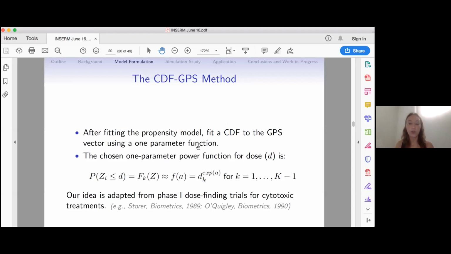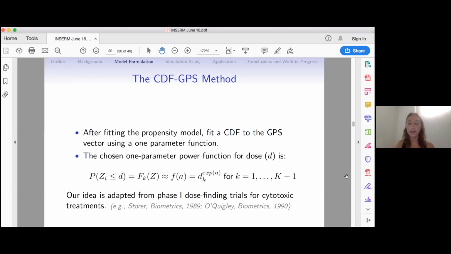The chosen one parameter function is a power function, and for dose D is given here, so that the CDF is simply modeled right here as the dose x to the exponent of A. This is a power function adapted from phase 1 dose finding trials. This has been used in other settings before.